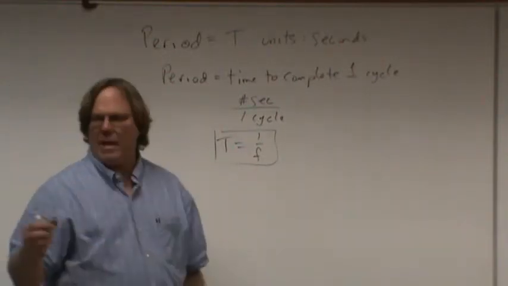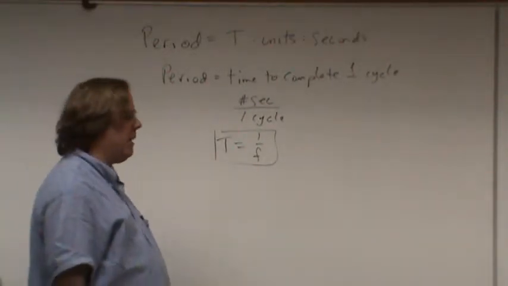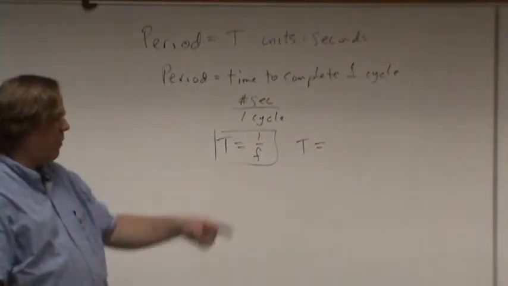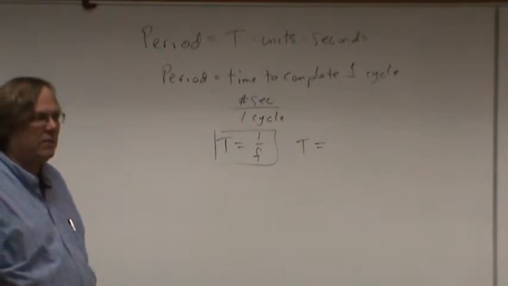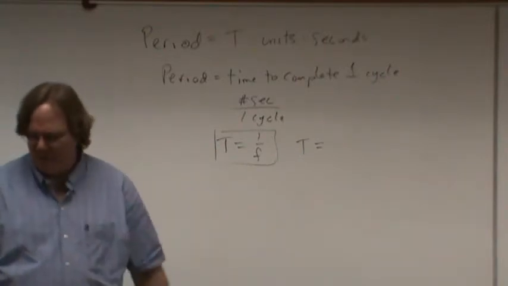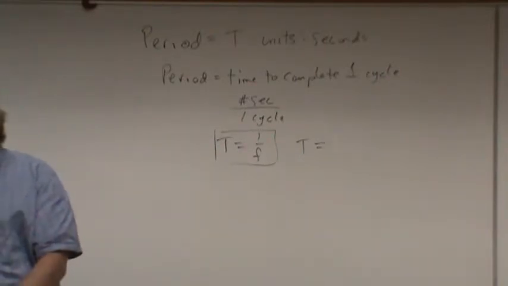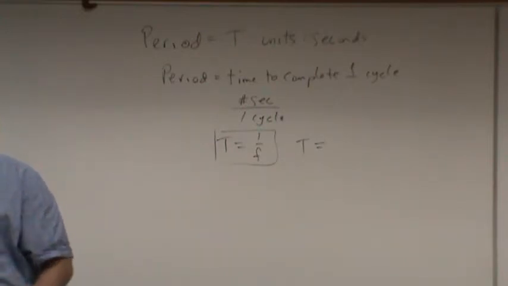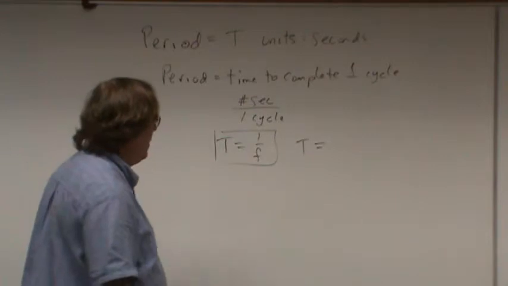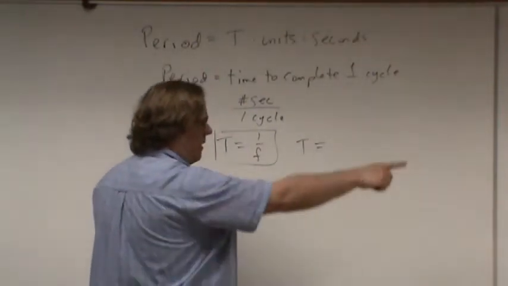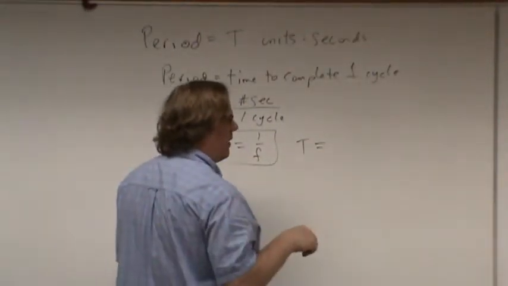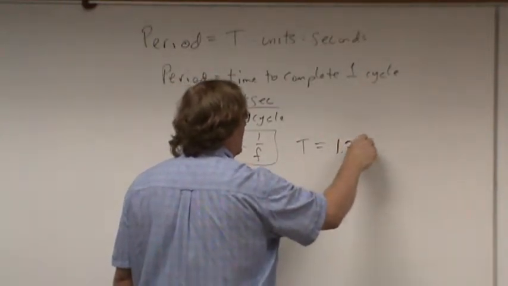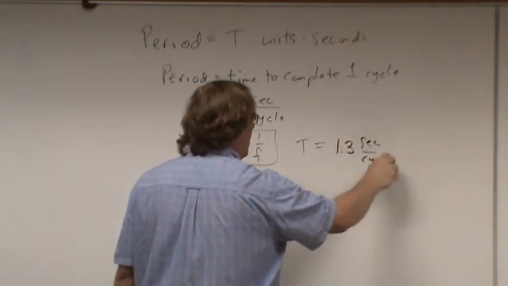So for this spring mass system, I'd like you to please find the period. The frequency is 0.76 cycles per second. I hope you guys are getting the reciprocal of that. The reciprocal is going to be 1.3 seconds per cycle.